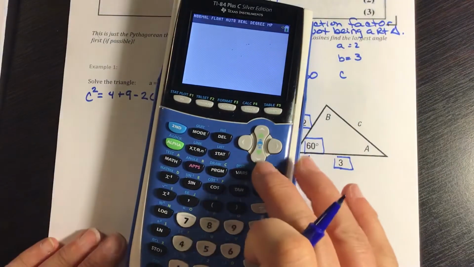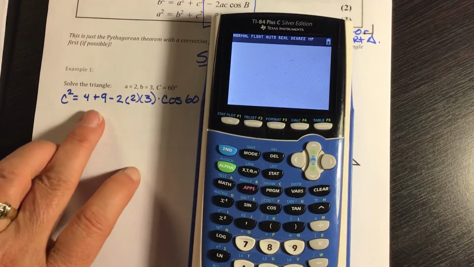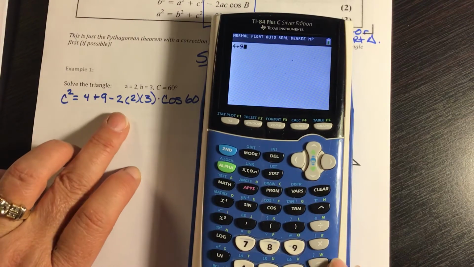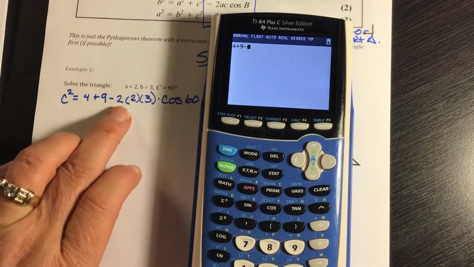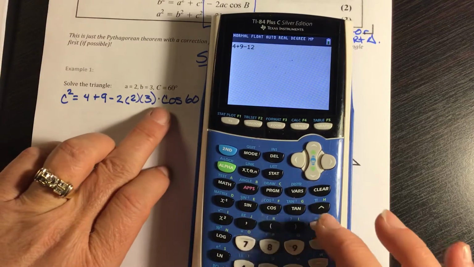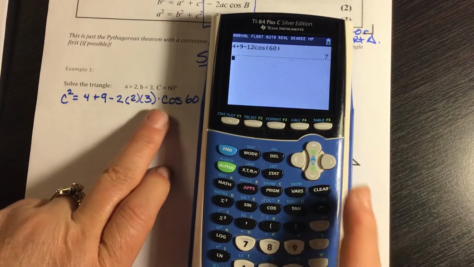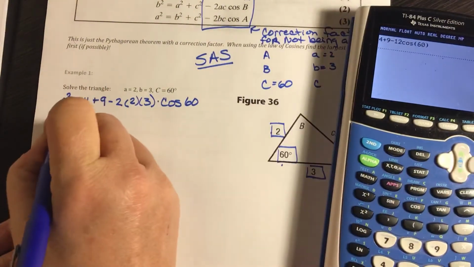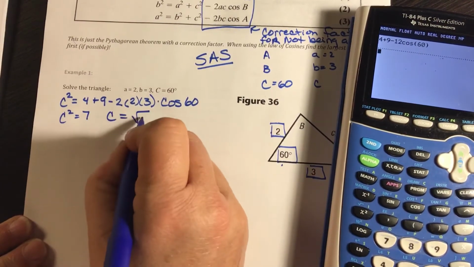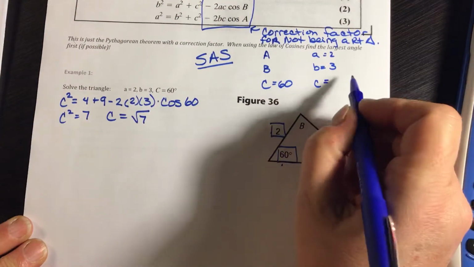I'm going to add 4 plus 9, and then subtract 2 times 2 is 4, times 3 is 12, times cosine 60. And I get 7. So I have c squared equals 7, so c is the square root of 7. So the length of side C is square root of 7.